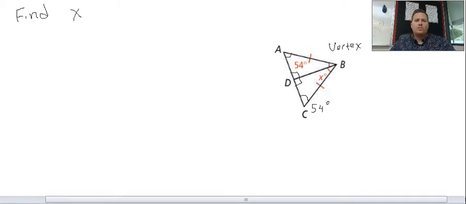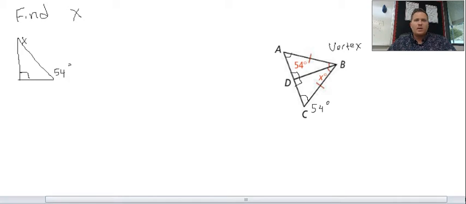So that's going to be 90 degrees. All right, so now I really have this one triangle and I have two of the three angles. So let's redraw that triangle right here. The triangle looks something like this, where we have 90 degrees right there, we have 54 degrees right there, and we're trying to figure out how many degrees is x.